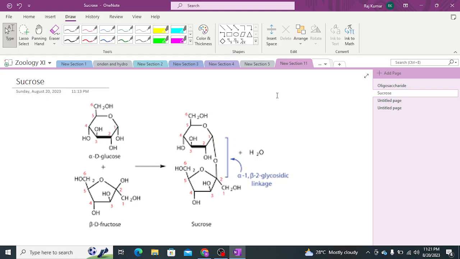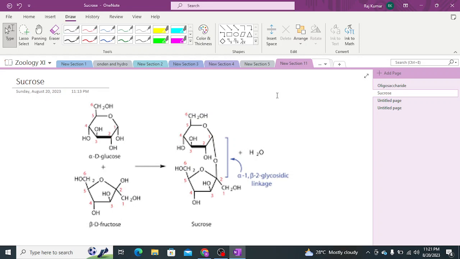First, we are going to discuss sucrose. Sucrose, also known as cane sugar or table sugar, is a non-reducing sugar, which means it cannot be oxidized or undergo chemical reaction, due to which it is considered an ideal transport sugar for translocation of food from one part of the plant to another part of the plant.